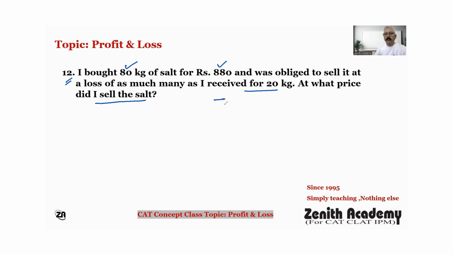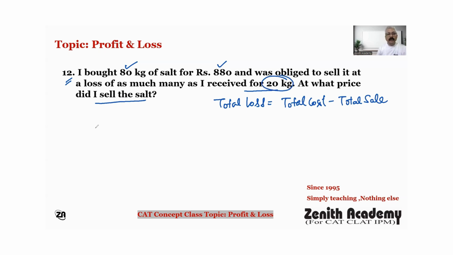So total loss is equal to total cost minus total sale. And the total loss is equal to the money you received for 20 kg.